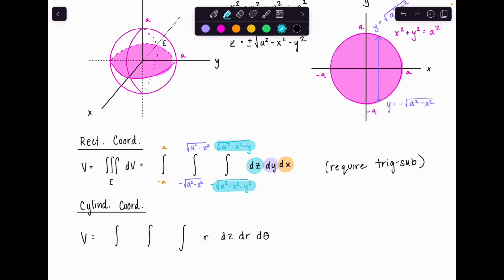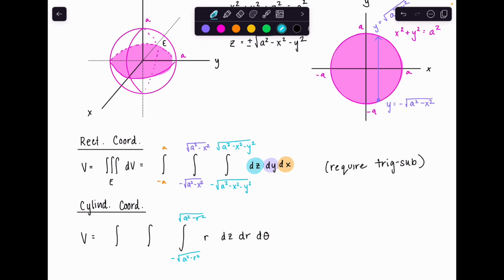And the x squared plus y squared would get replaced by r squared. So this lower bound will be negative square root of a squared minus r squared, and the upper bound is positive square root of a squared minus r squared.